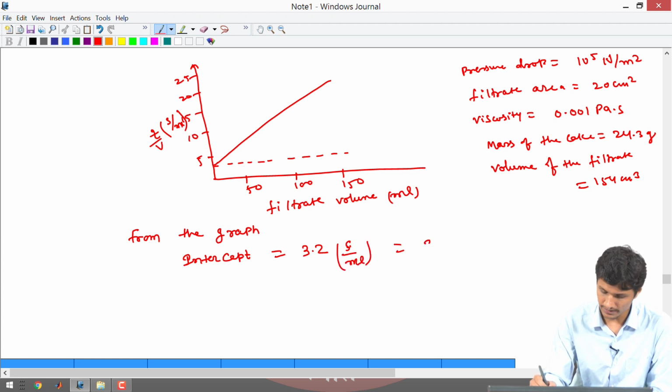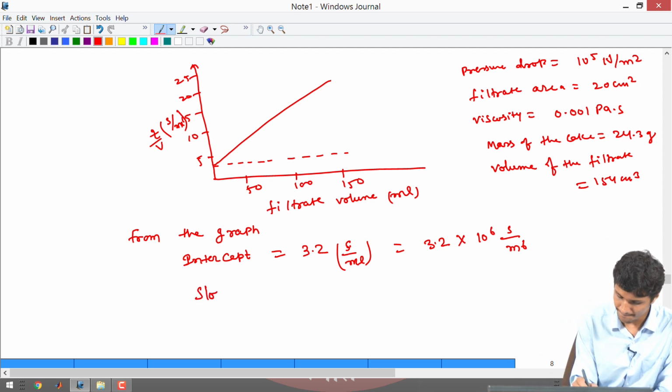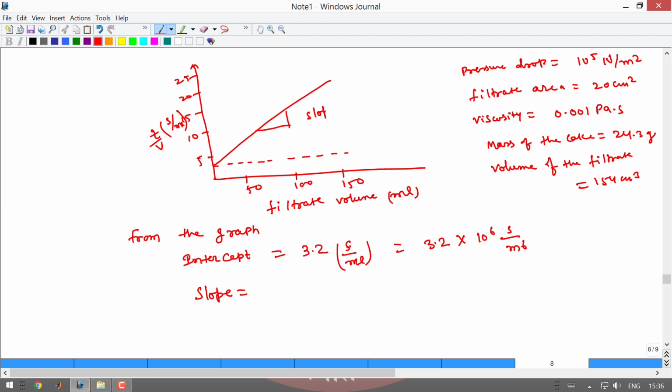In SI unit it will be 3.2 into 10 power 6 second per meter 6, and the slope, if you calculate it, will come about 0.21. In SI unit it will be 10 power 12 second per meter 6. So the slope is 0.21 into 10 power 12 second per meter 6.